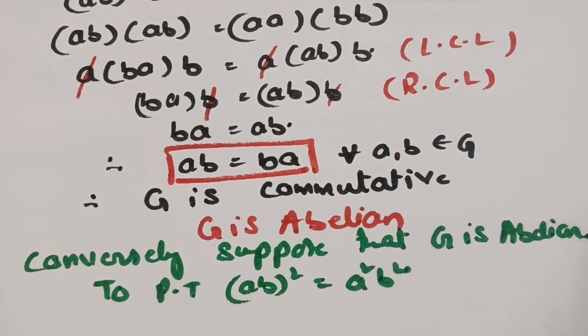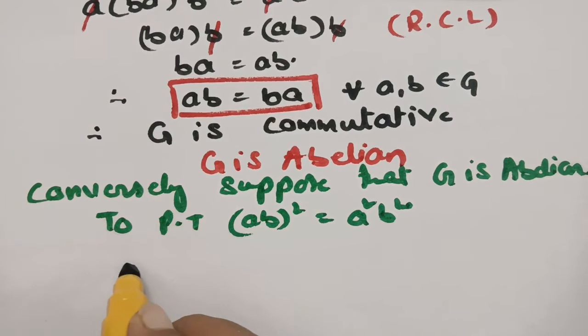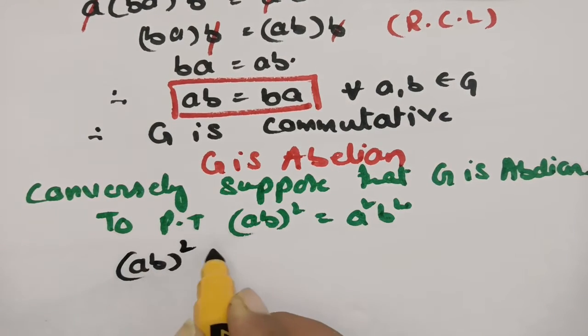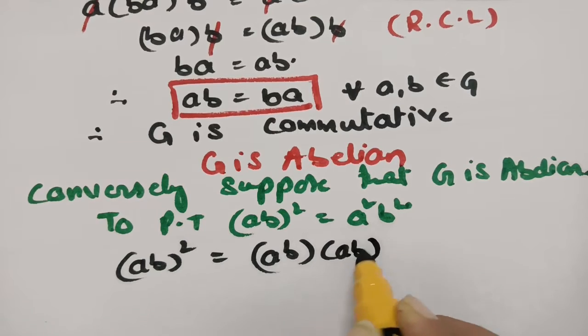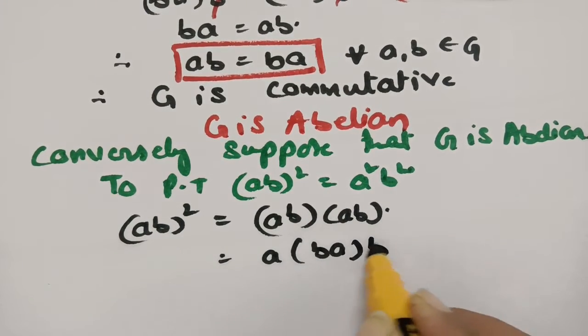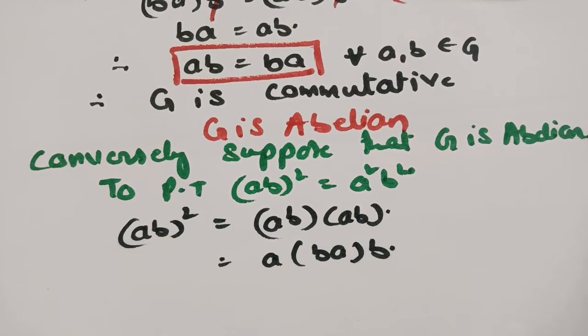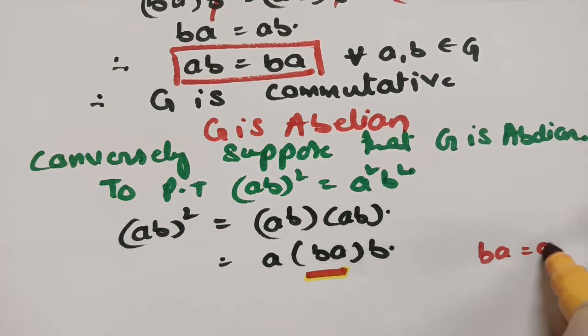Now consider (AB) whole square. This can be written as AB into AB, and this can be written as A into BA into B, since G is commutative, so AB can be written as BA.